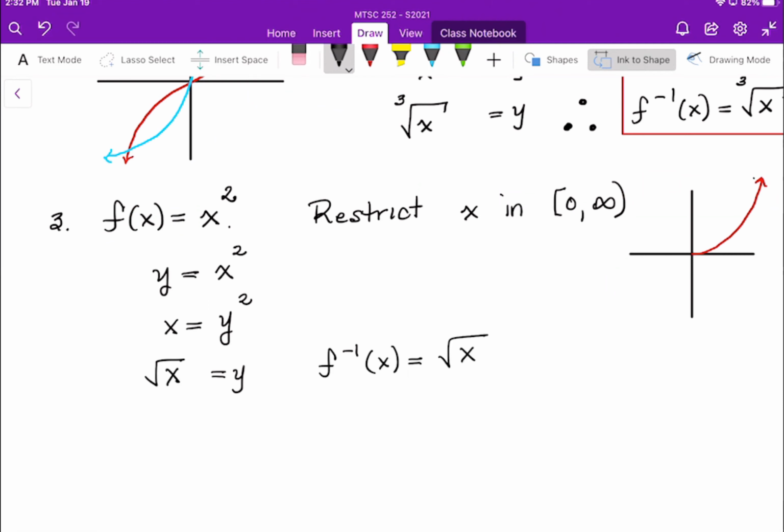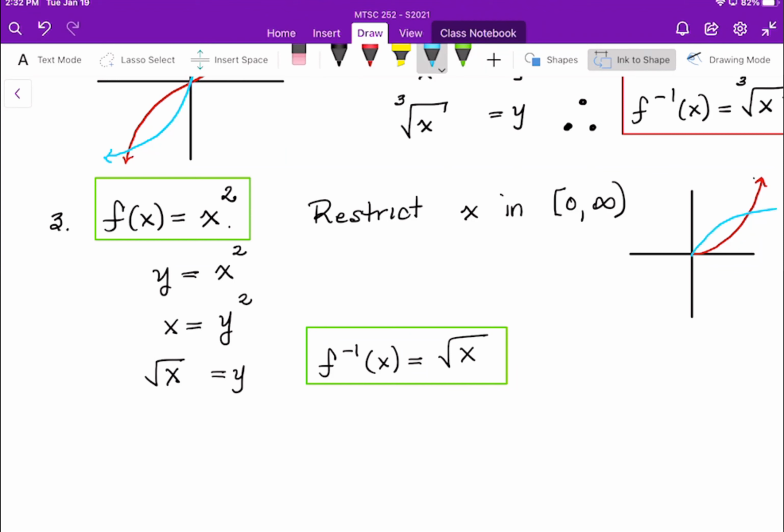So now this is f, and that's f inverse. So f inverse is going to look like that.